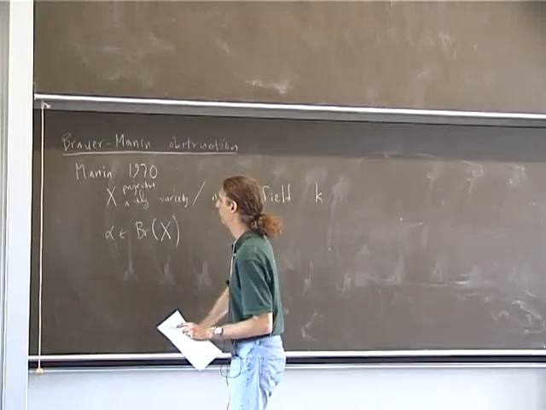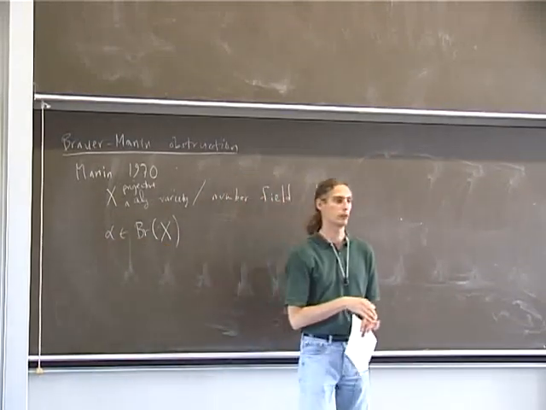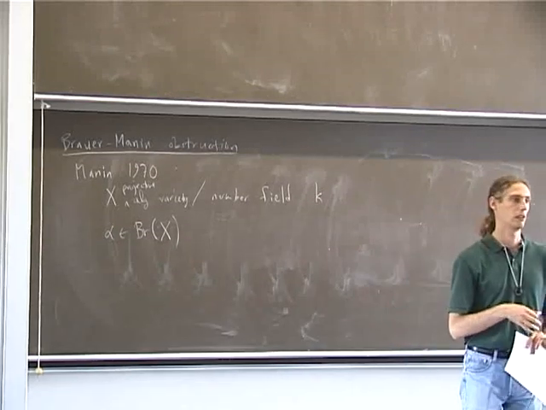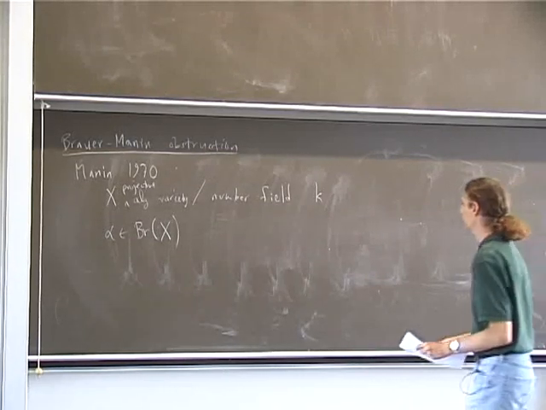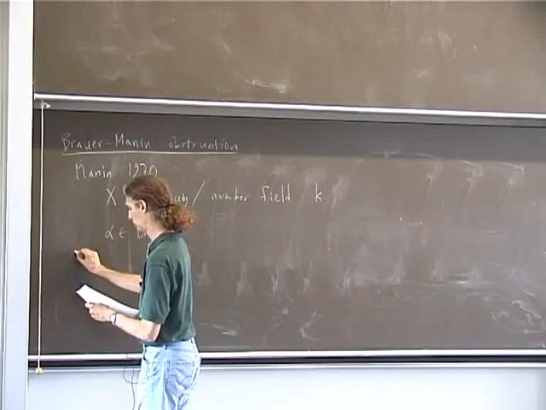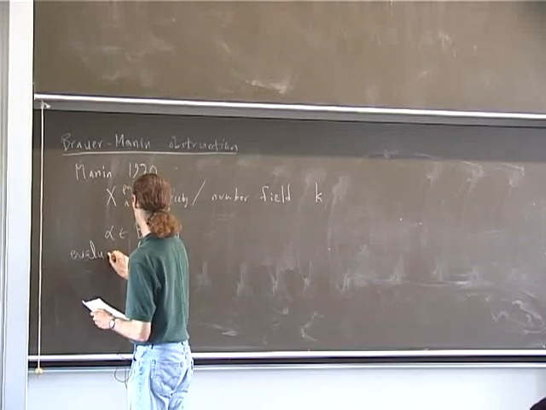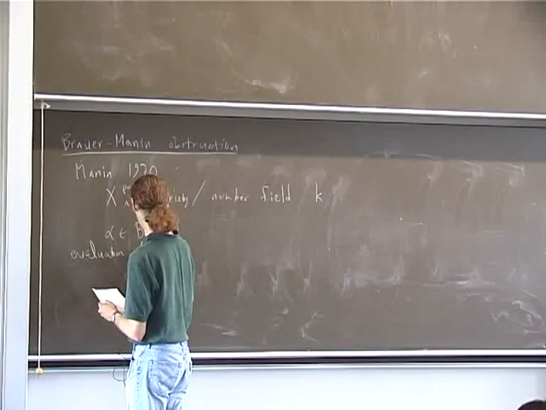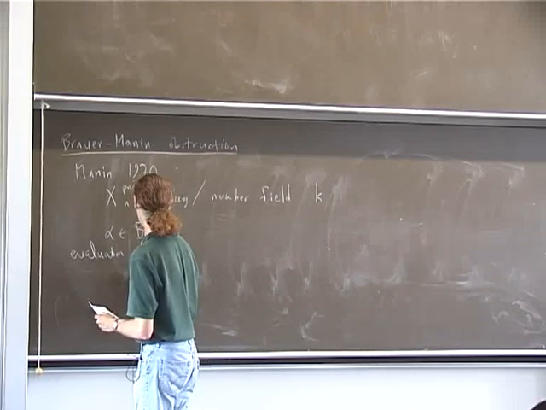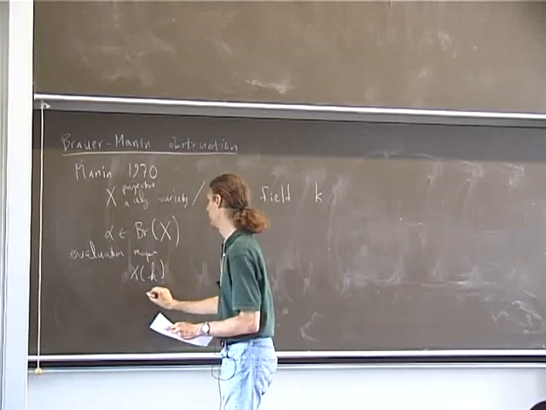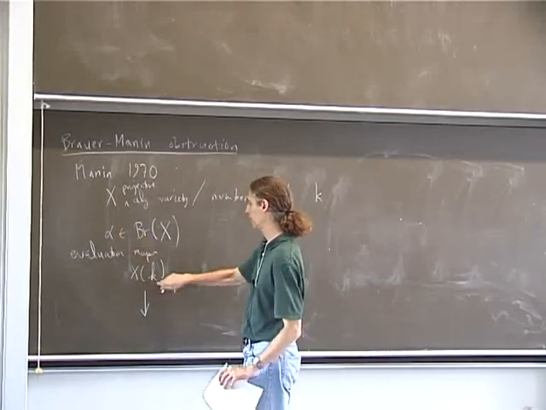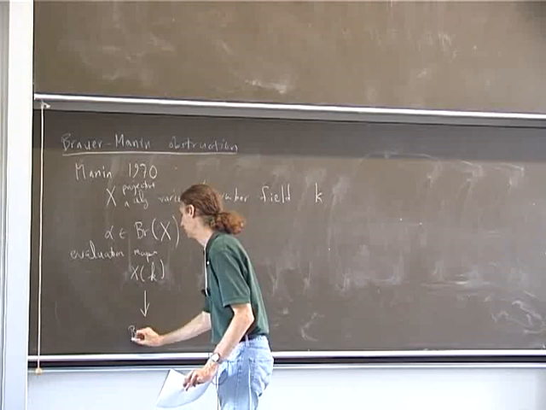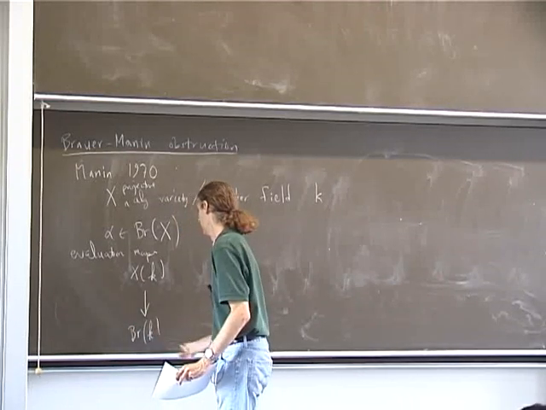So now, given an element of the Brauer group of X, there are evaluation maps at the rational points of X, taking rational points to, well, you restrict alpha to that point and you get an element of the Brauer group of the base field.